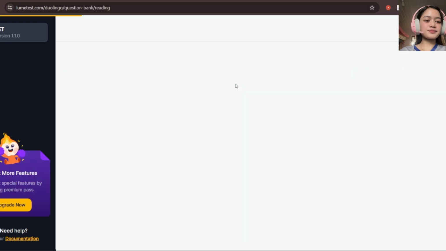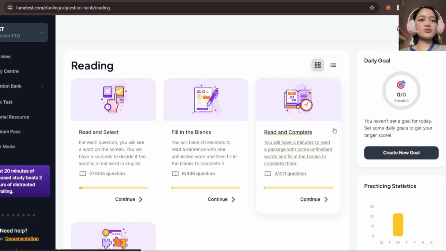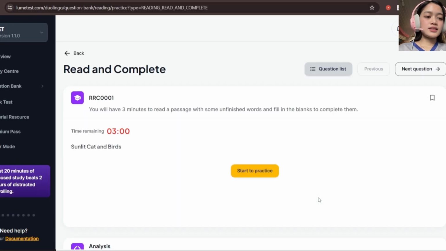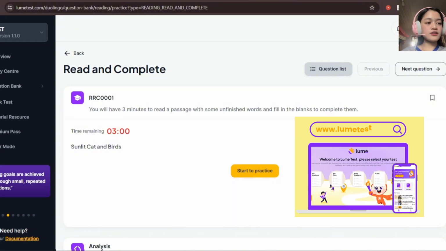That's it. Next question type is read and complete. In this task, you'll be given a short passage with several incomplete words. You will have 3 minutes to complete all the missing words by filling in the missing letters. This task tests multiple skills at once, including reading comprehension, vocabulary, spelling, and grammar.